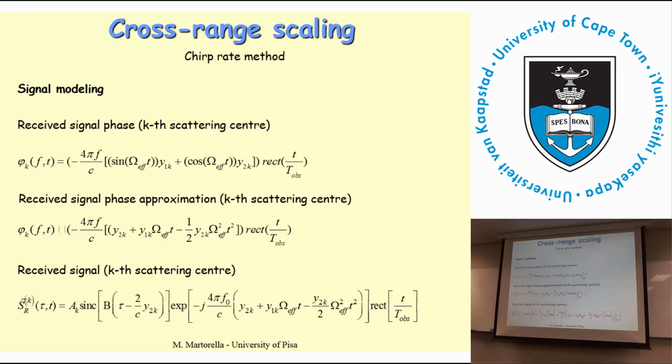I'm going to say, all right, if this is the expression of my received signal for a given effective rotation vector, now I want to represent this phase with an approximated polynomial, and I want to stop at the second order.